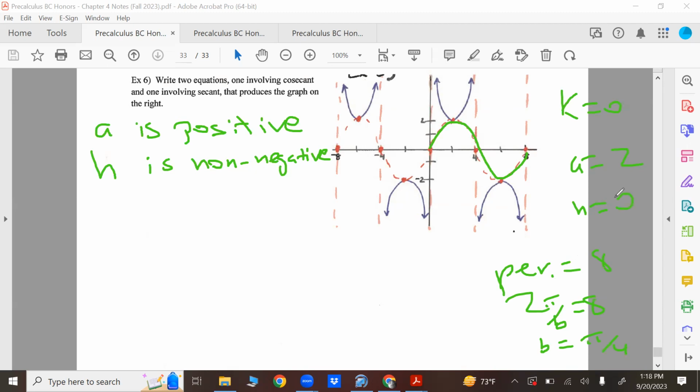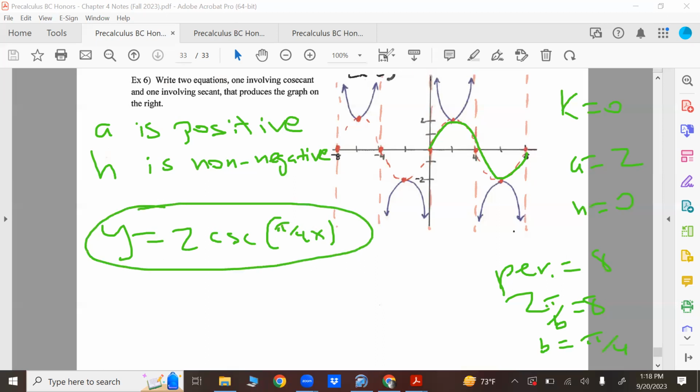So I've satisfied the conditions I set forth. I kept a positive. H is non-negative. Now I just write it. And it's a cosecant. So y equals 2 csc. You can just do parentheses, pi over 4 x. And that's it.